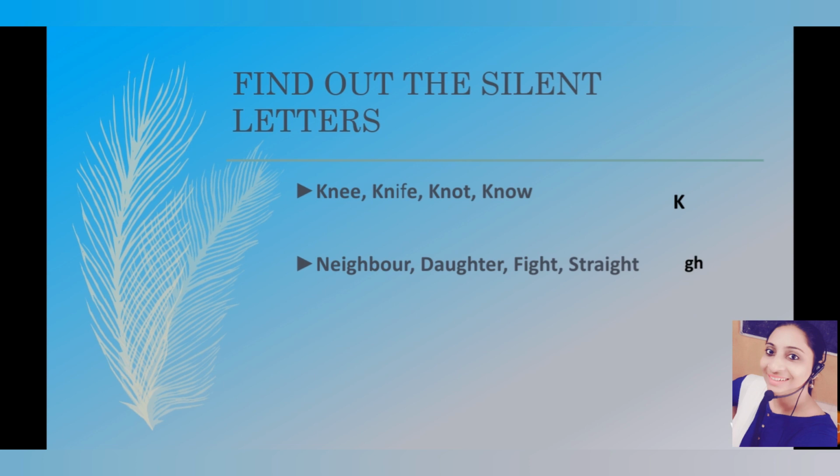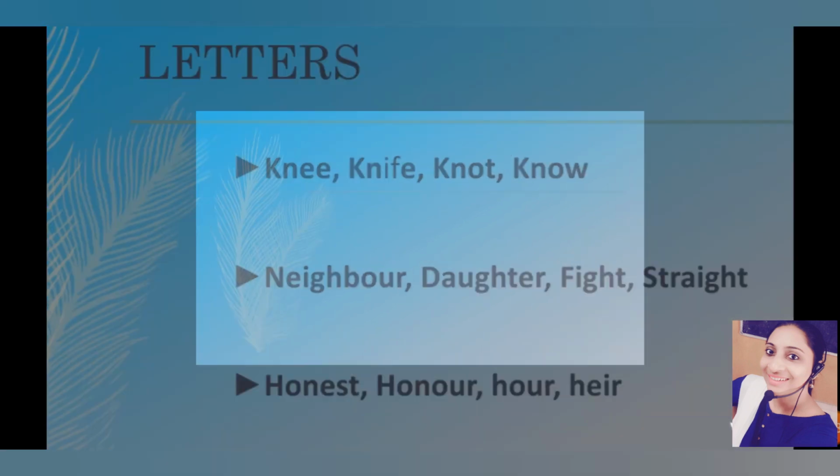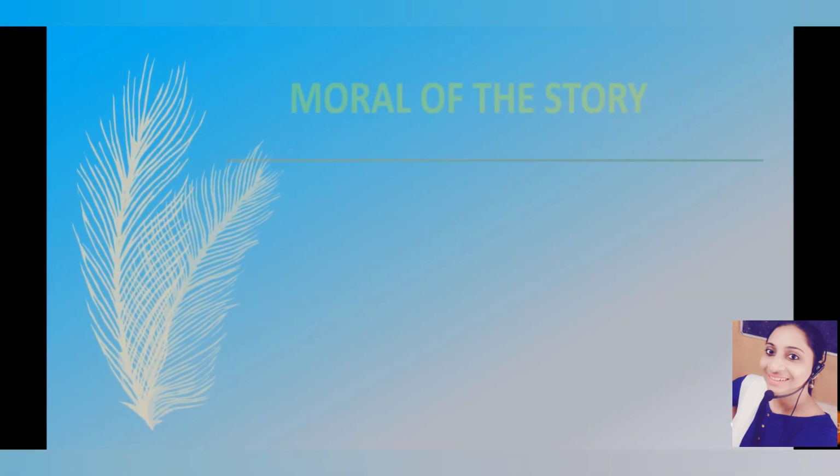What are the silent letters here? GH. Okay. Next is honest, honor, here, air. What is the silent letter here? H. Girl, world, word. Which is silent here, children? R. Okay. So these are the silent letters.